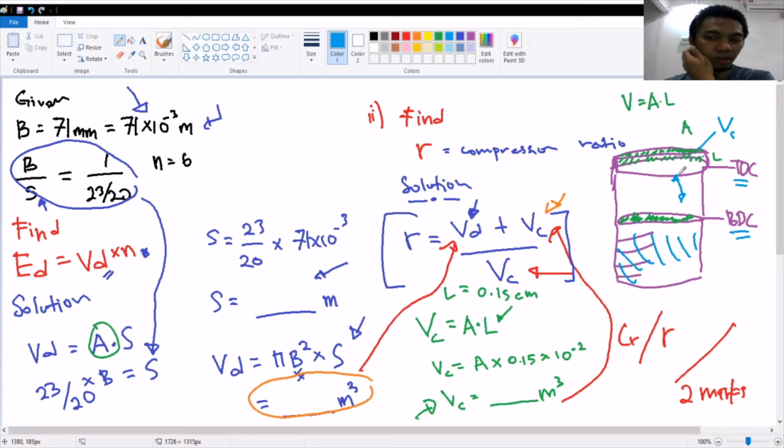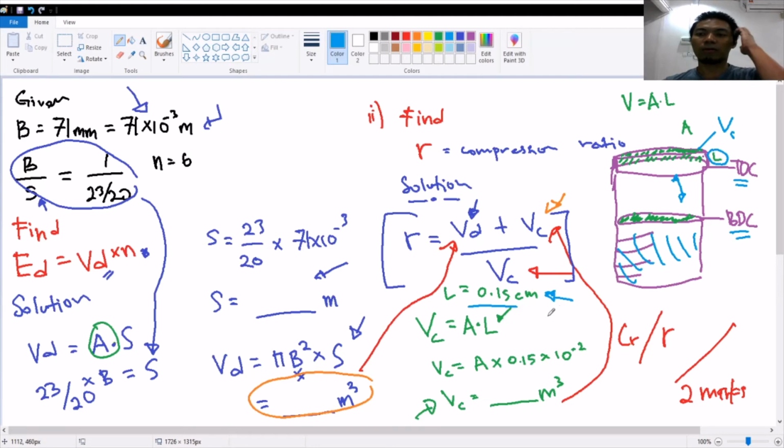How to find the value of the clearance volume? Basically the cross-sectional area is the same as your cylinder and the top of your piston. So the same. The difference is only in the length here. The length is given inside the question, which is 0.15 centimeter. I wrote it here.